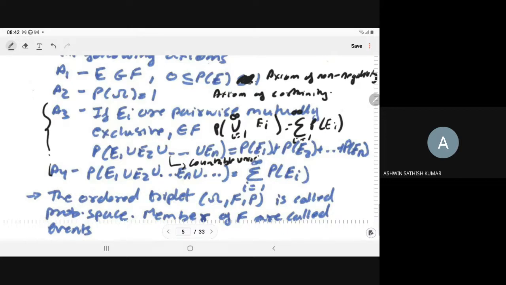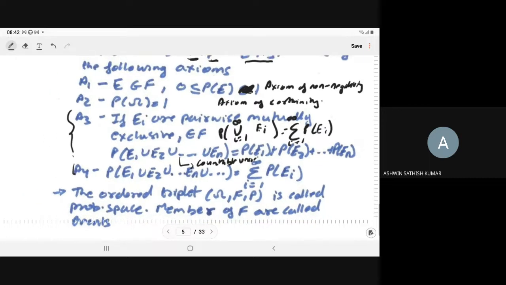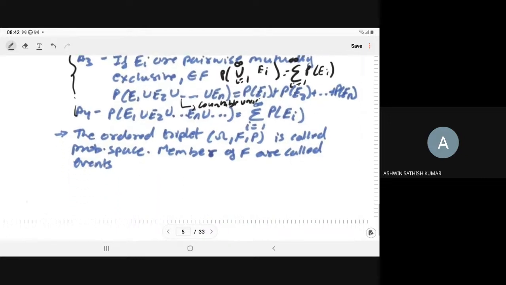So if any function satisfies these three or four axioms, then we say that function is a probability. And probability is always defined from F to a real interval between 0 and 1.